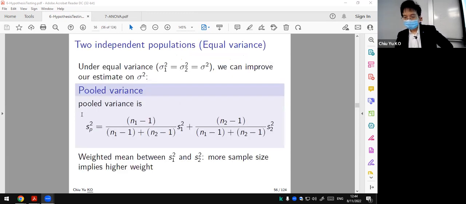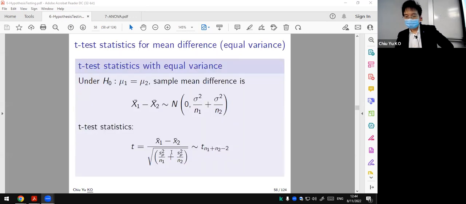So this is the pooled sample, and once you put it in here, that becomes the T. Just a reminder: because you estimate two things here, you have to subtract 2.